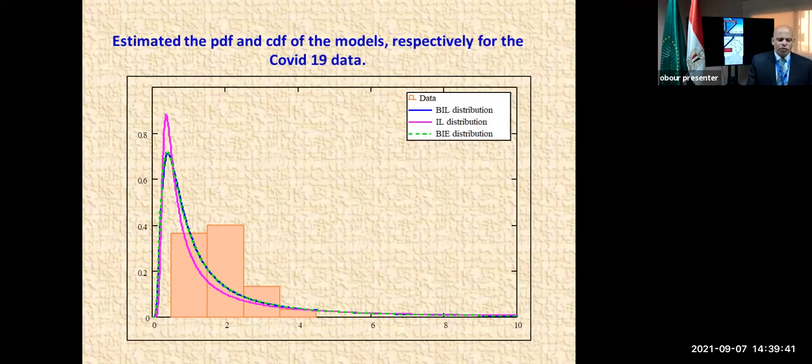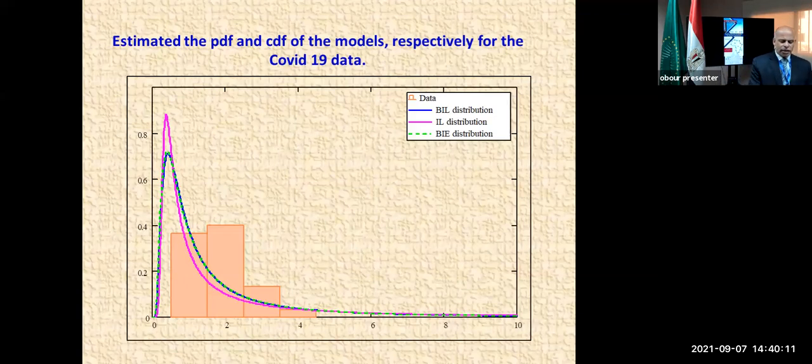The graph of the results shows the estimated probability density function and cumulative distribution function of the three models for the COVID-19 data. The colors mean the PDF of each one. We draw the histogram of the real COVID-19 data and draw the PDF of each of the three distributions.